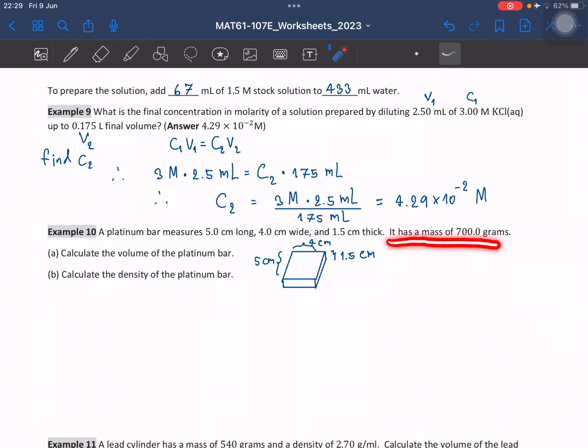It has a mass of 700 grams. Calculate the volume of the platinum.